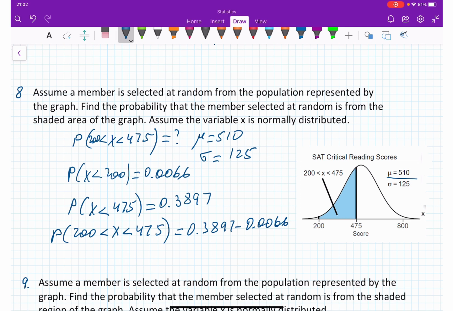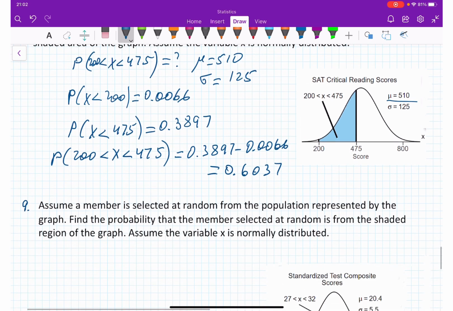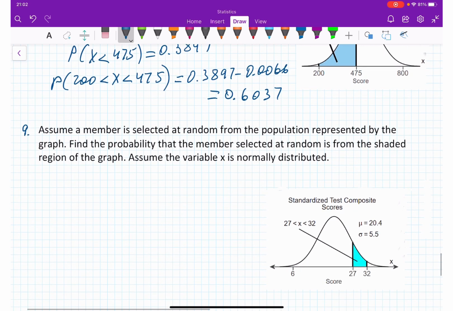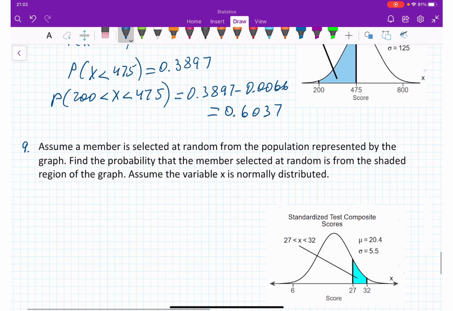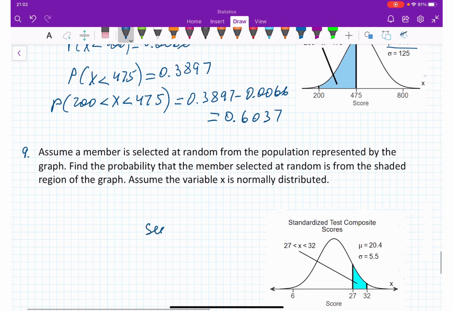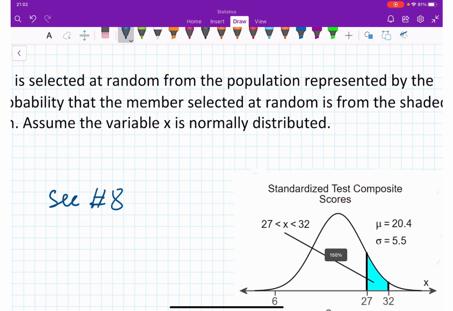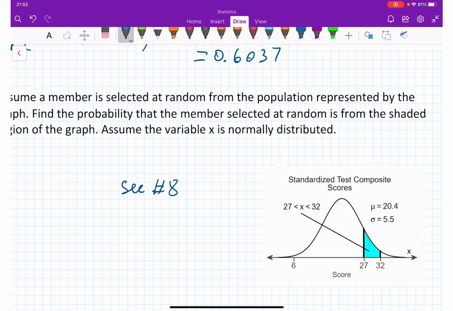It's going to be 0.6037. Question number 9, it's exactly the same way, so I'm going to put see number 8. Okay, here you have all the information you need and solve the same way.